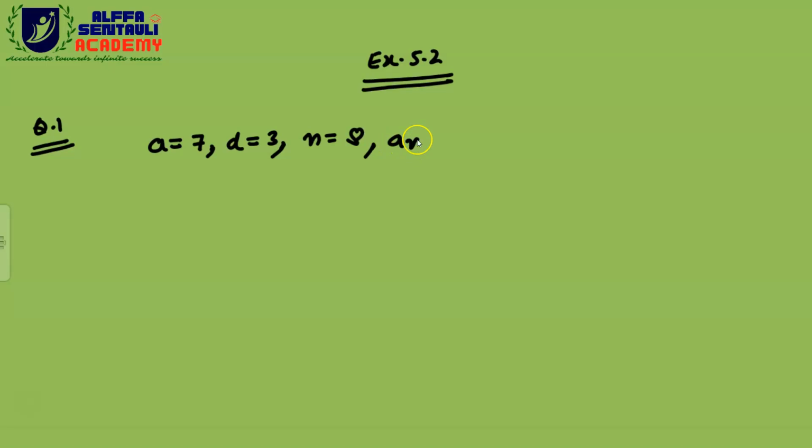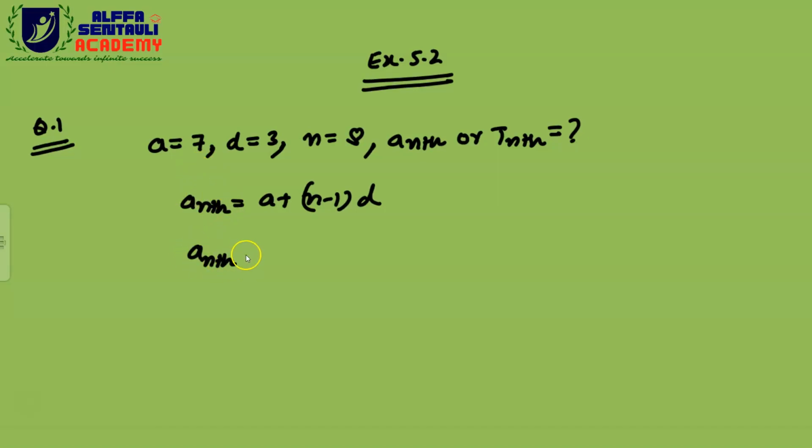Now they are asking a nth. A nth or T nth, they are both the same thing. They are asking you to find the nth term. So what should a nth be? First term plus (n minus 1) into d. The first term is given, that is 7.